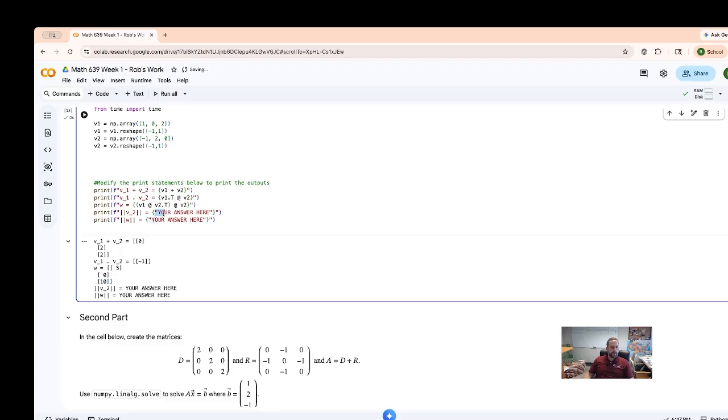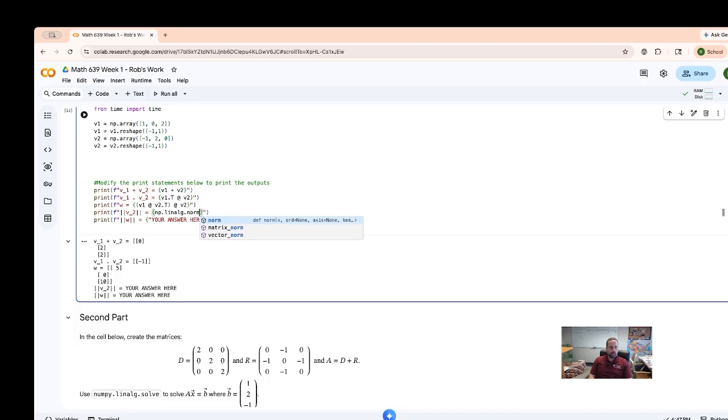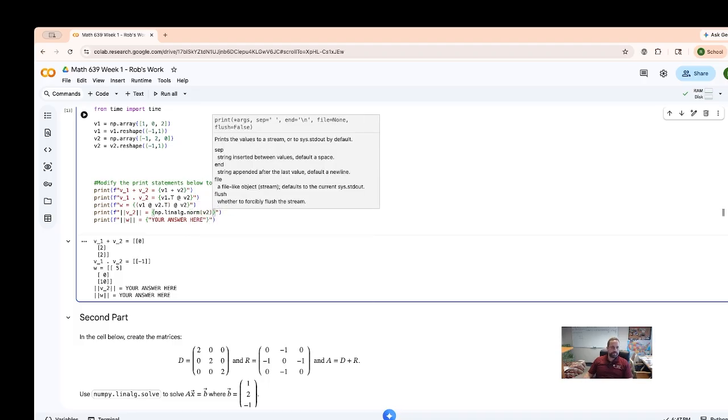Okay, now for the norm of V2, I could write a loop to explicitly compute the norm, but instead what we're going to do is use the norm function in the linear algebra package, the linalg package in NumPy. So np.linalg.norm of V2.